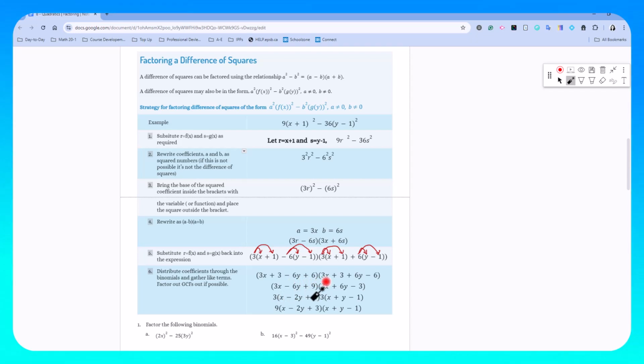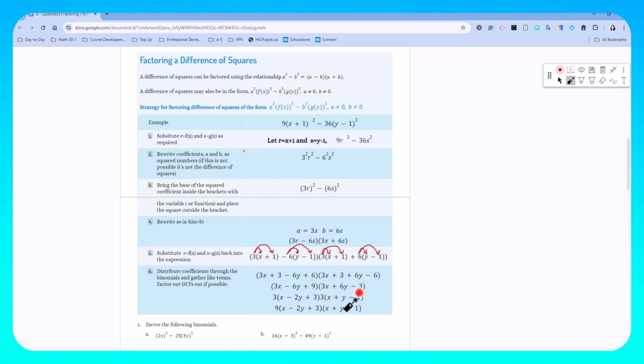The next bracket, or the next factor, is 3x plus 3 plus 6y minus 6. We're going to gather like terms, so the 3 plus the 6 makes the 9, and the 3 minus the 6 makes the negative 3.